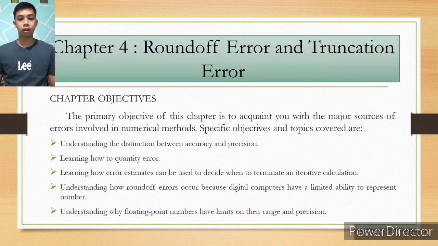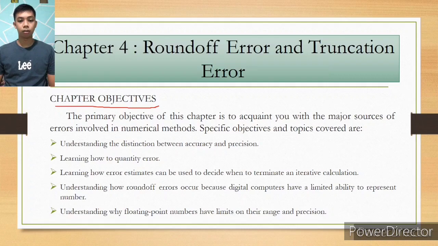Chapter 4, Roundoff Error and Truncation Error. We have our chapter objectives. The primary objective of this chapter is to acquaint you with the major sources of error involved in numerical methods. Specific objectives and topics covered are: first, understanding the distinction between accuracy and precision. Second, learning how to quantify error.